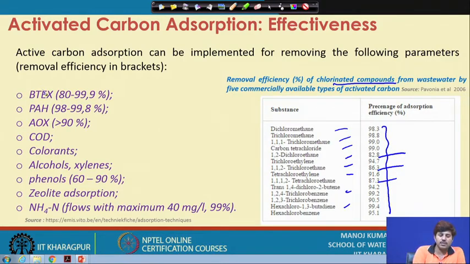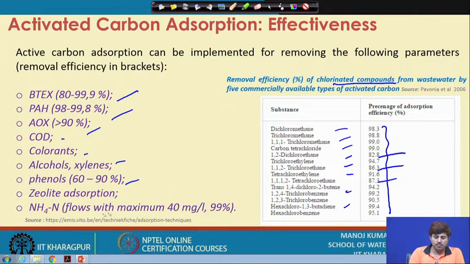For BTEX, which is benzene, toluene, xylene kind of compounds, efficiency is reported from 80 to 99.9%. For polyaromatic hydrocarbon, 98 to 99.8%. For AOX, greater than 90%. It can remove COD, colorant, alcohol, xylenes, and phenols can be reduced from 60 to 90%.